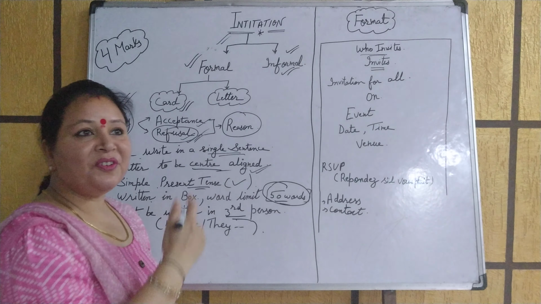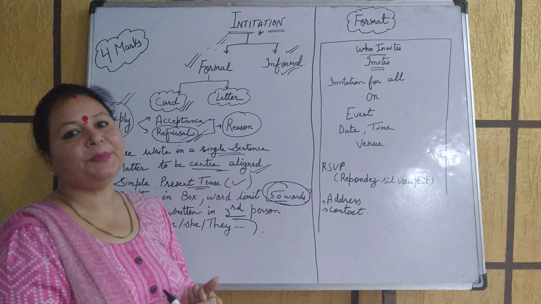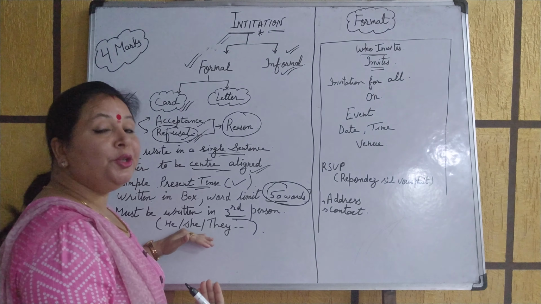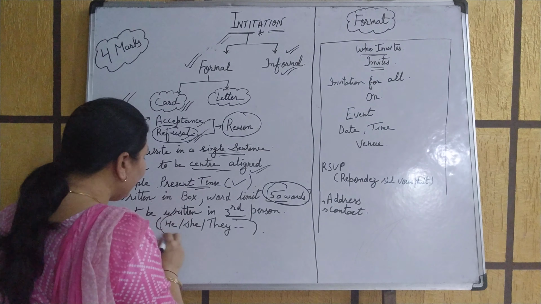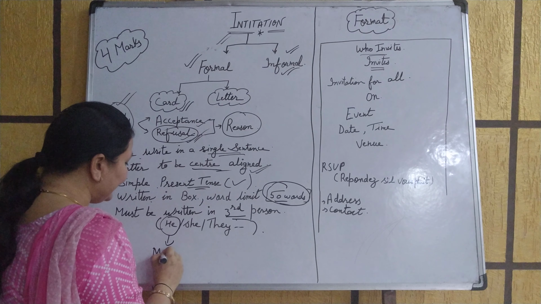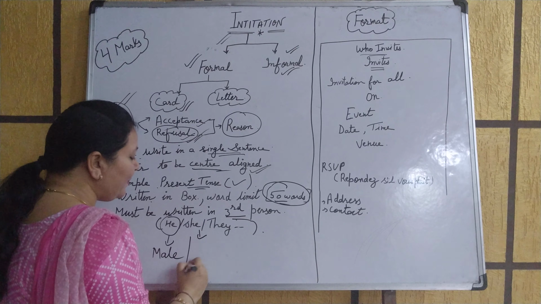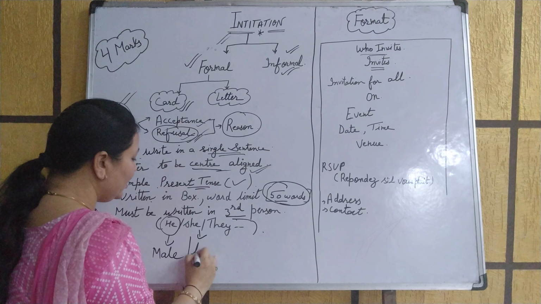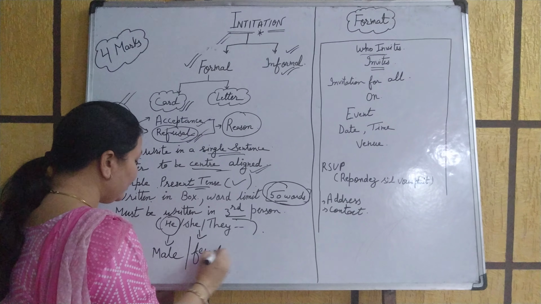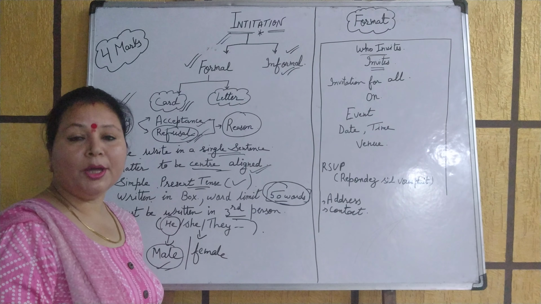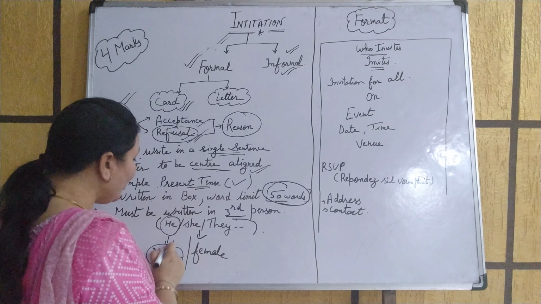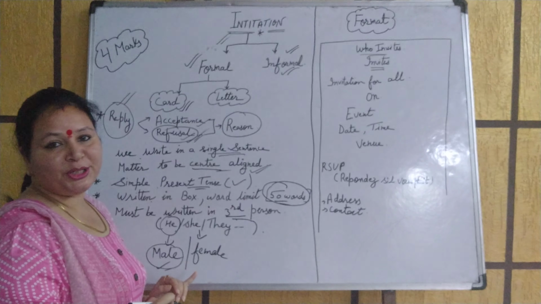You would have heard about first person, second person, third person. So over here, you are going to write he, she, they. If he is a male, then you will write he. If she is a female, then you will write she. We have taken the example of an IPS officer, who is male. Over there, you are going to write, he will not be able to come.